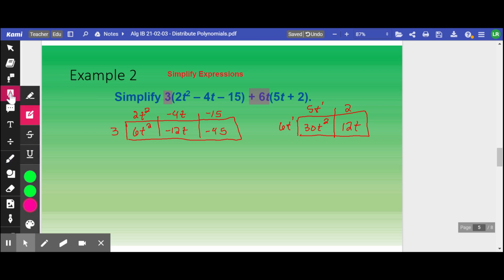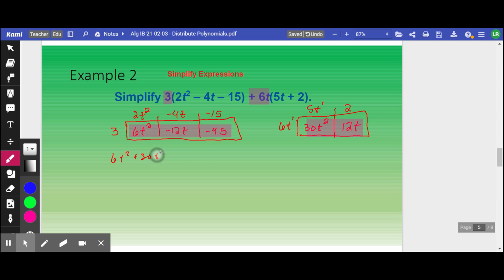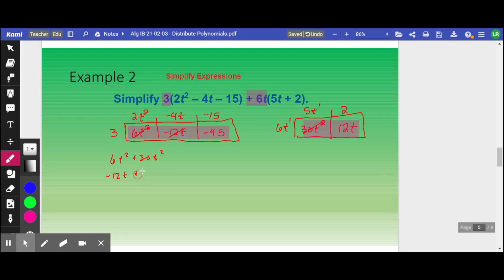And now we are looking inside these boxes for like terms. My t squareds, we have 6t squared and 30t squared. Remember, we're just adding these up now. 6t squared plus 30t squared get added up. The negative 12t and the 12t get added up.